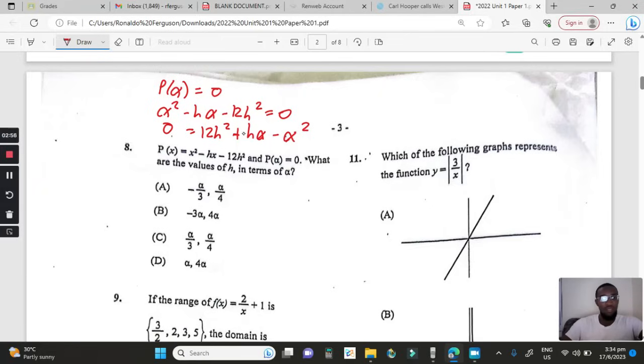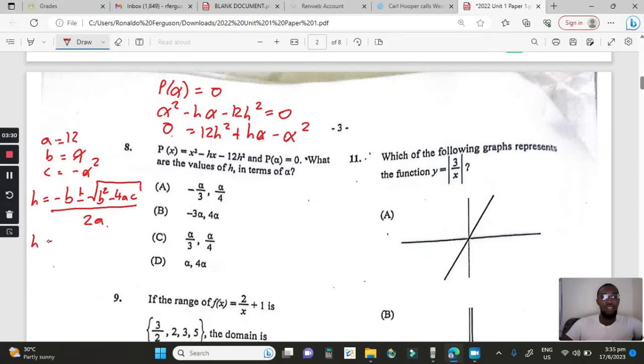So from that, if we're solving for h, that means a equal 12, b equal h, and c equal minus alpha square. Sorry, b is alpha. Remember, h is the variable. So b is alpha, h is like x now. So remember the quadratic formula, it's minus b plus or minus the square root of b squared minus 4ac divided by 2a.